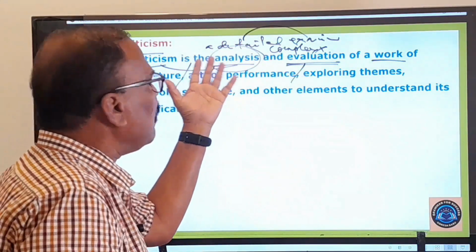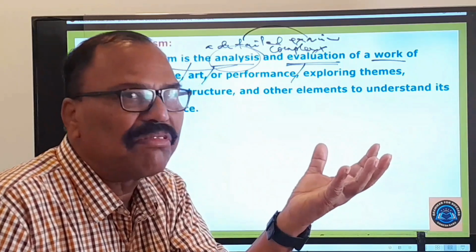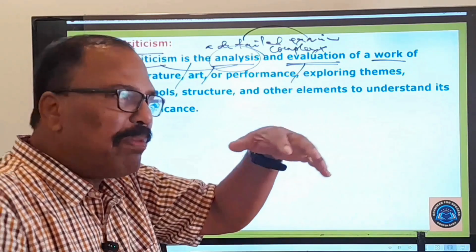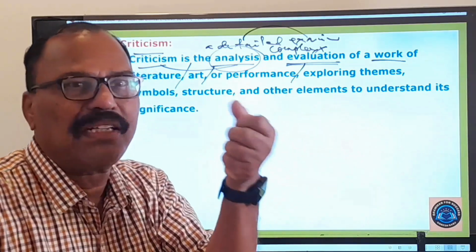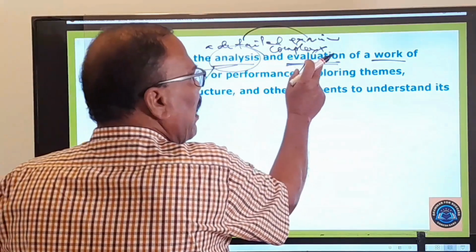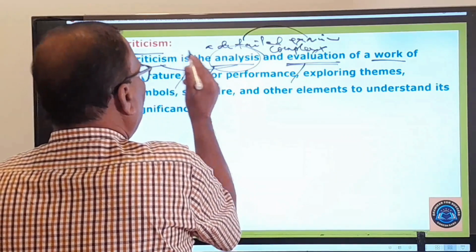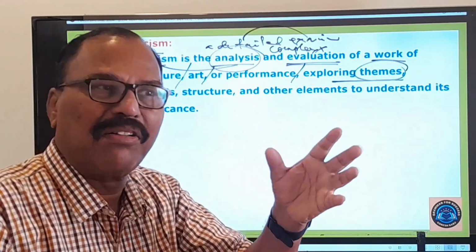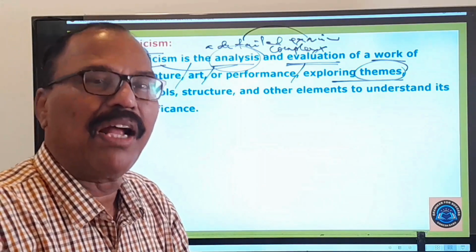So the critics will observe the quality of the play, the morals of the play. So many aspects they will observe in that literary work. So that is called analysis and evaluation of a literary work or art or performance, exploring themes, how far that theme is relevant to the present time and all that.